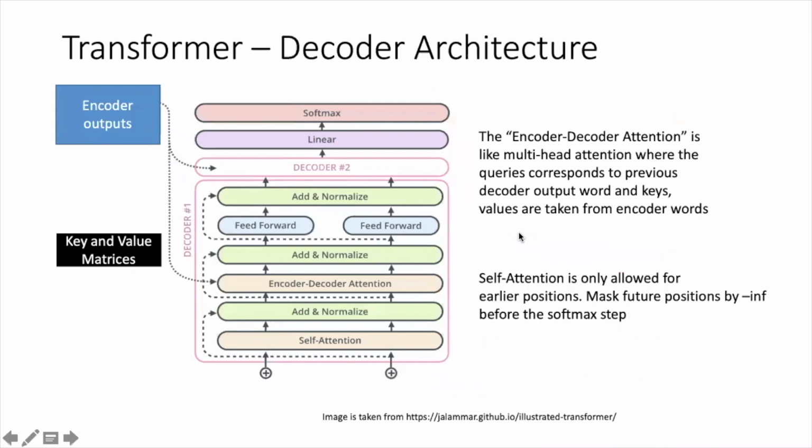The encoder outputs that were produced earlier are supplied to the decoder blocks as well. The decoder typically contains two main components. One component is encoder-decoder attention, and the other important component is self attention.